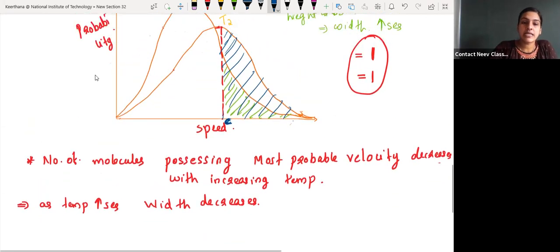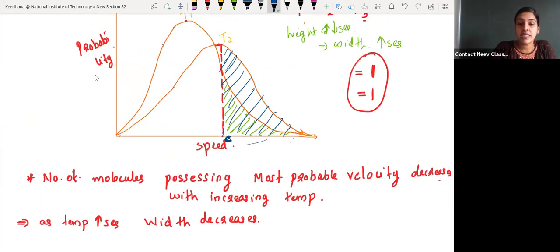So as temperature increases, width increases. And if you are comparing these two areas, the T1 curve area and T2 curve area, which one is higher? Which one is greater?